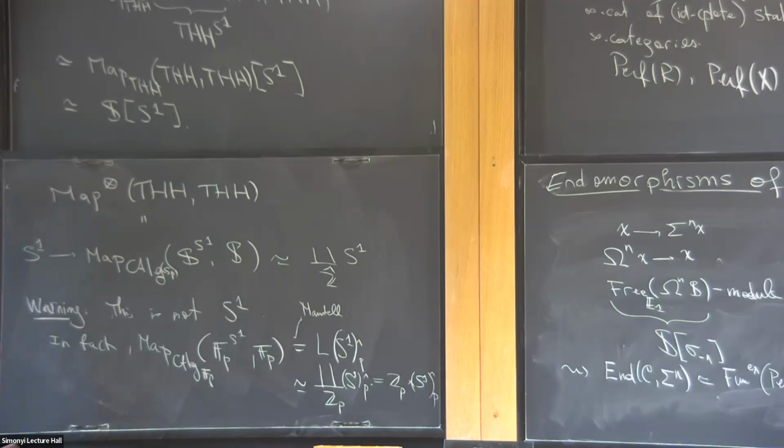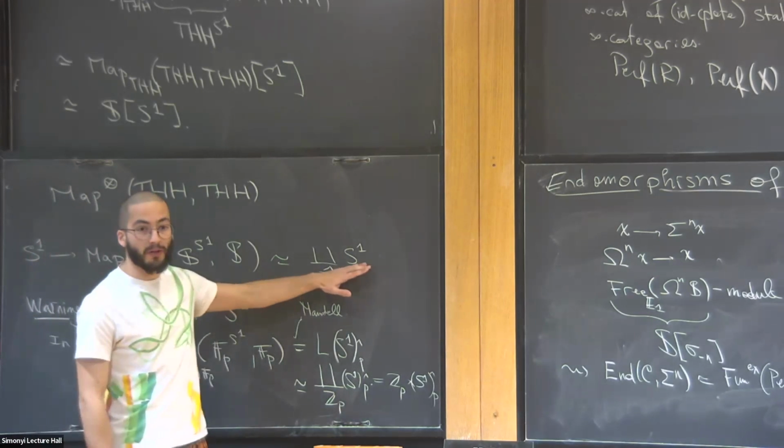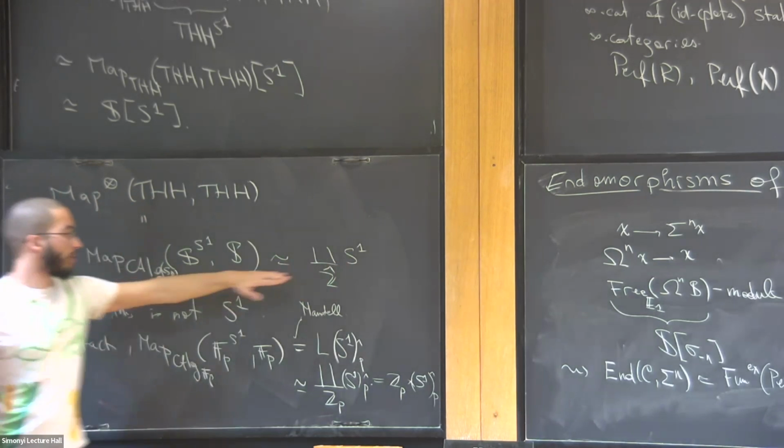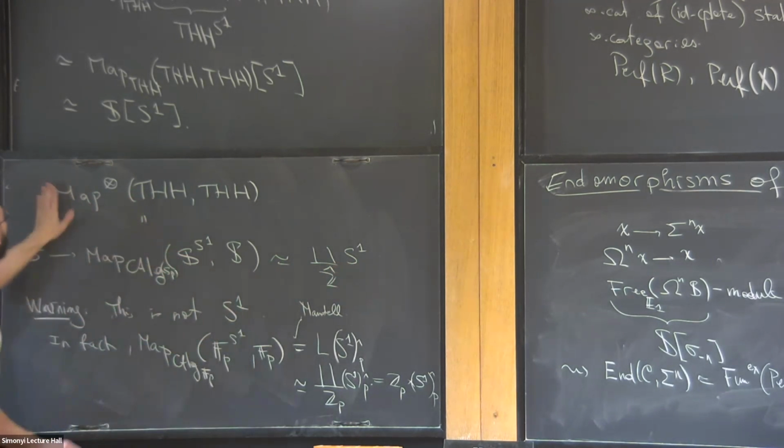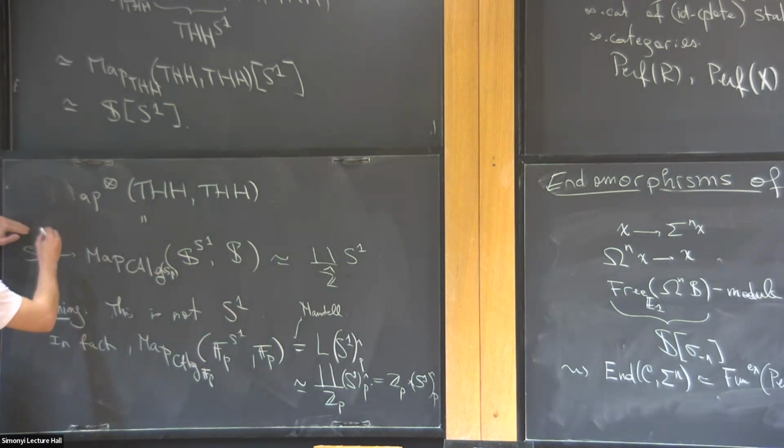So here the S1 is the pointed S1 or the unpointed? But here it's just a space, right? So you're computing a mapping space and it's just a space. Mapping spectrum or mapping space? No, mapping space. Sorry, I should say my notation maybe. Well, I guess I'm going against normal usage, but because I used capital M so far, let me just. Capital M usually meant mapping spectrum or mapping space?